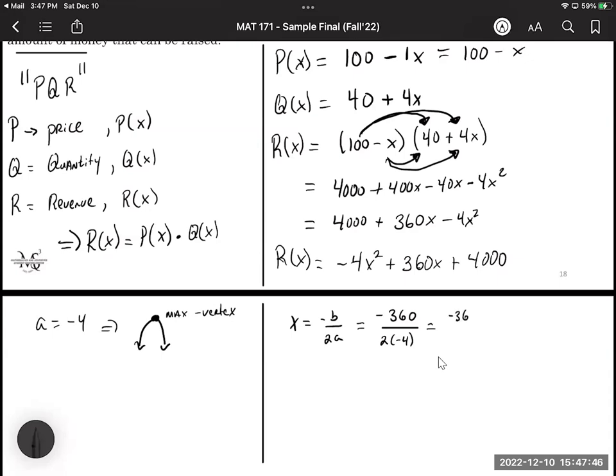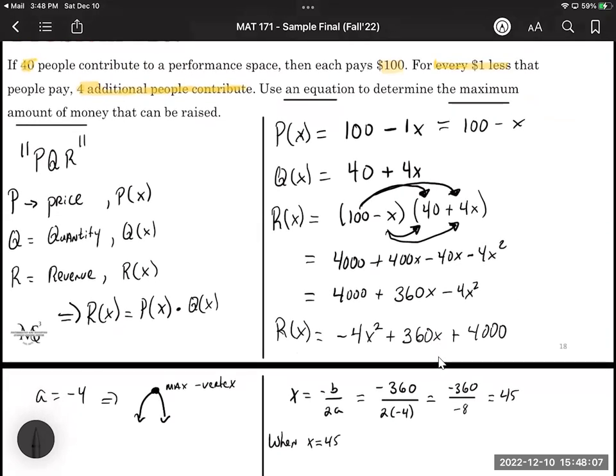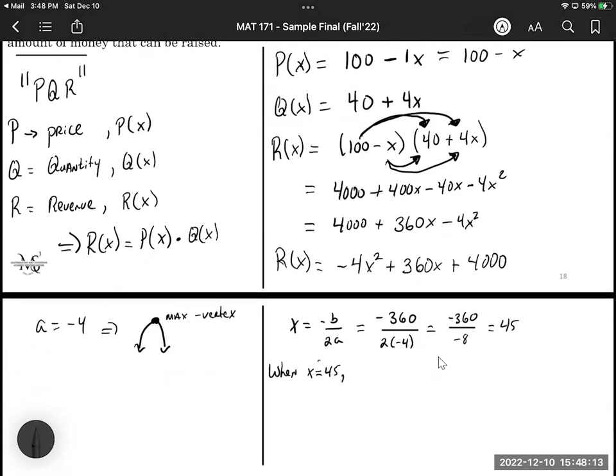So this is -360 over -8. 360 divided by -8, I think that would be 45. Yeah, that would be 45. So when x is equal to 45, meaning that if this person lowers the price 45 times, then we could find the max revenue.